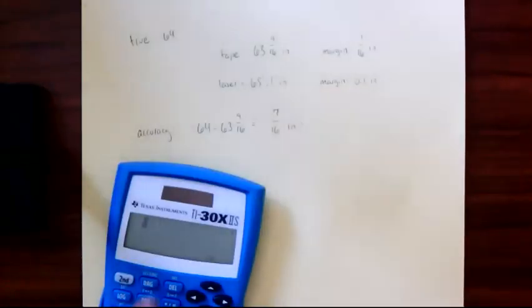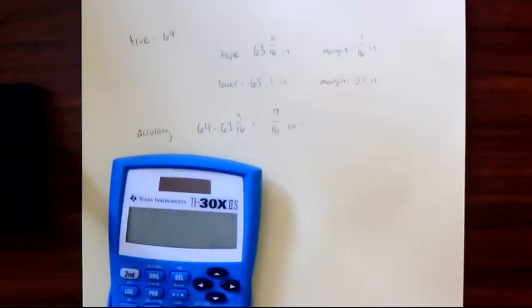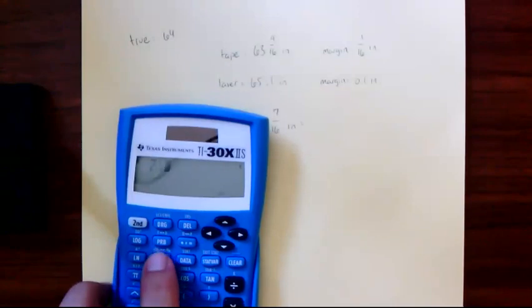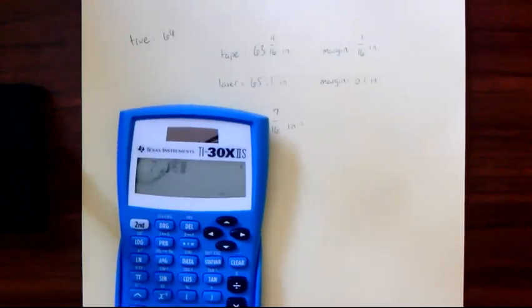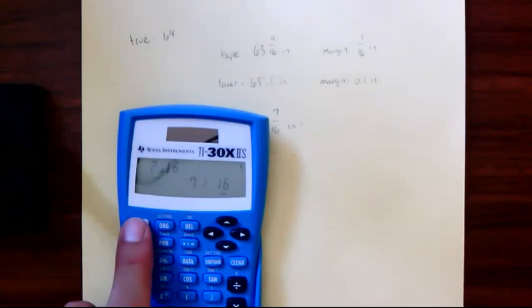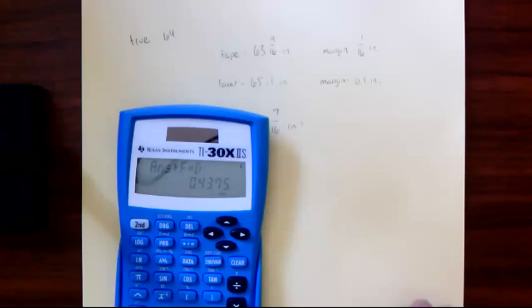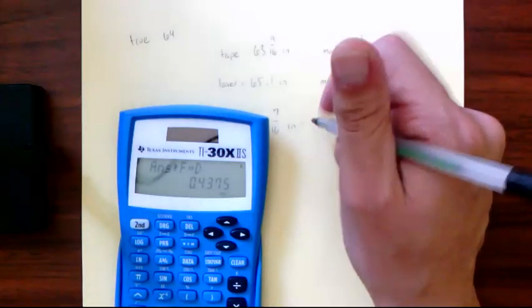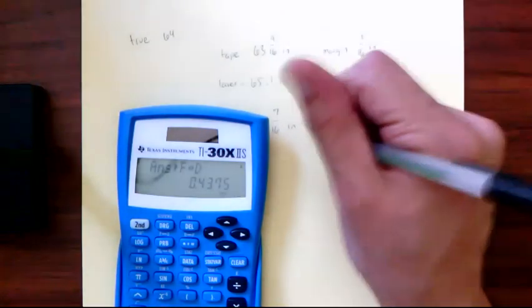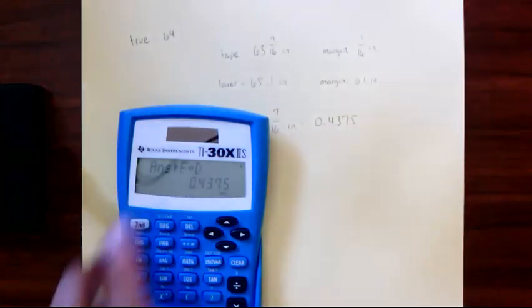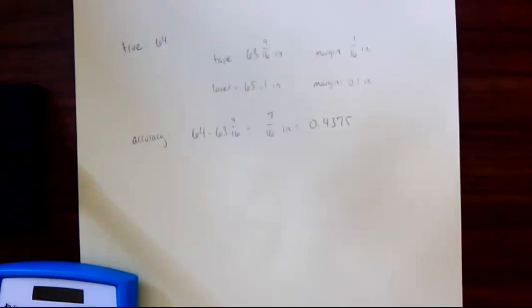As a decimal, 7/16 of an inch: 7, our ABC button, 16, gives us that in decimal form, and then we'll hit our second and F to D. And that gives it to us in decimal form. 7/16 of an inch, we can say it's 0.4375. That's how far away from the true value the tape measure is.